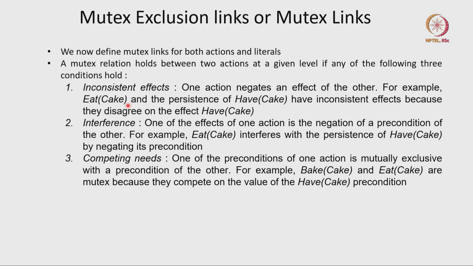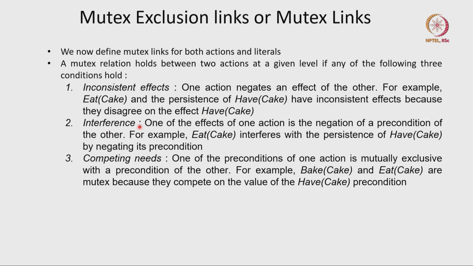For example, eat cake and the persistence of have cake, right? So eat cake will have the effect not have cake, and the persistence of have cake will be have cake. Okay, so they are actually negatives of each other. Okay, so you can say eat cake and have cake are mutex with each other.